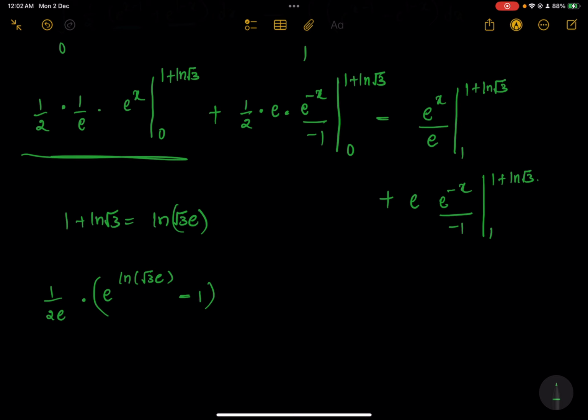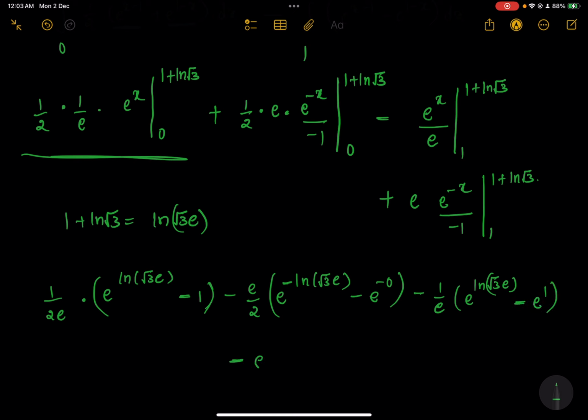The second term is minus e by 2 times e to the power minus ln root 3e minus e to the power minus 0. Next, let us go ahead. This will be e to the power ln root 3e minus e to the power 1. So this will be minus e to the power minus ln root 3e minus e to the power minus 1.